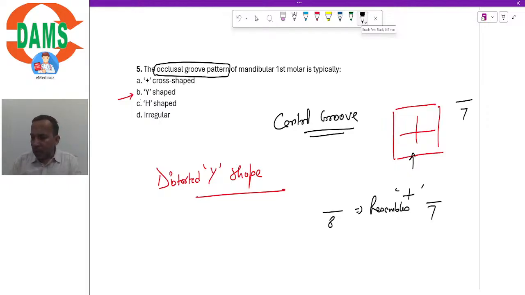So can you tell me on which two an H-shaped pattern of the central groove is seen? ये एक एडिशनल क्वेश्चन हो गया, राइट? क्योंकि हमने H यहाँ पर डाल रखा है, तो कौन से टूथ के अंदर हमें H-shaped पैटर्न ऑफ सेंट्रल ग्रूव देखने को मिलता है? So it is usually seen on premolars. Now which premolars?